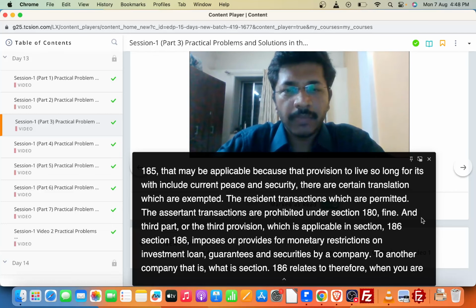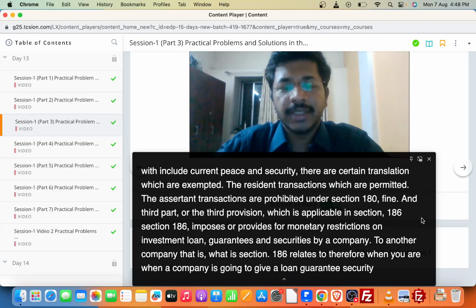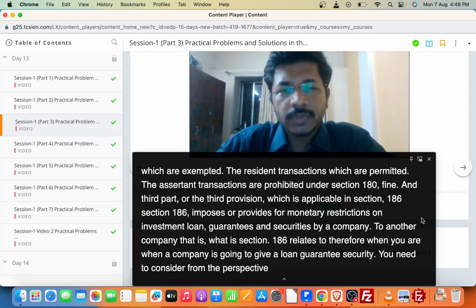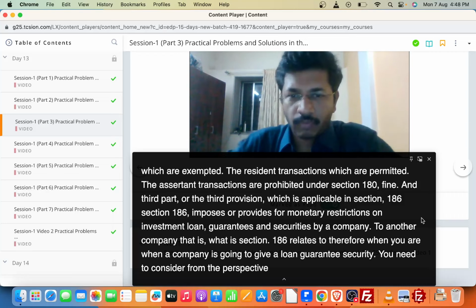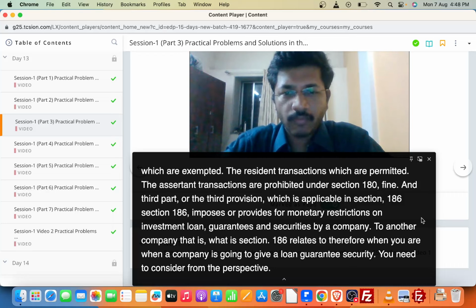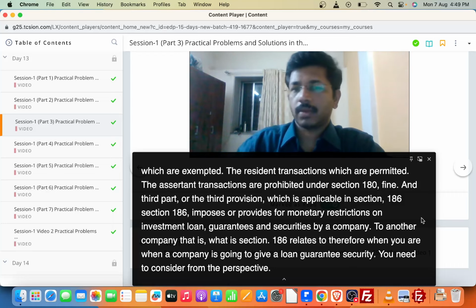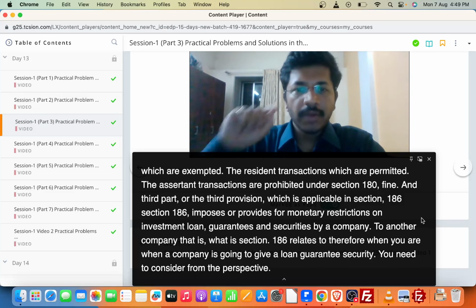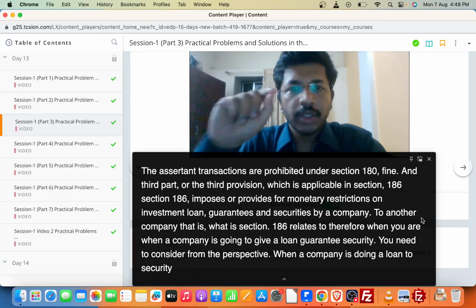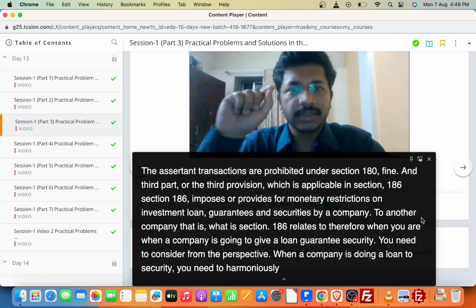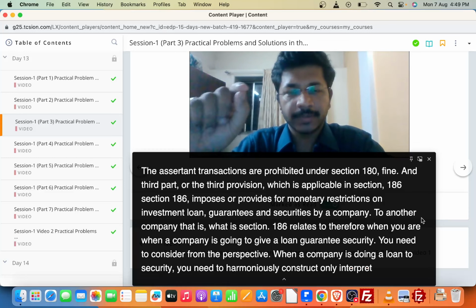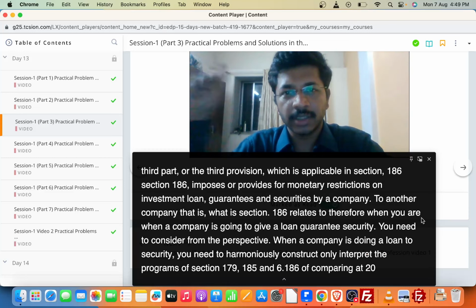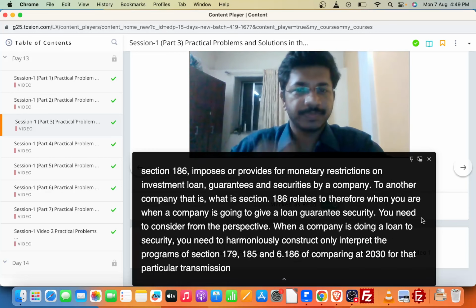Therefore, when a company is going to give a loan guarantee security, you need to consider it from this perspective: you need to harmoniously construct, harmoniously interpret the provisions of section 179, 185 and section 186 of the Companies Act 2013 for that particular transaction.